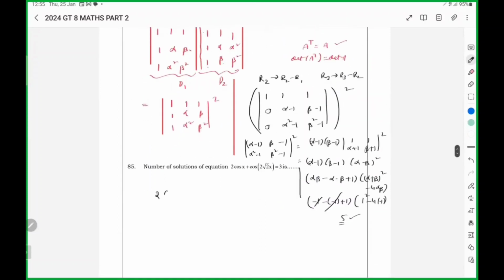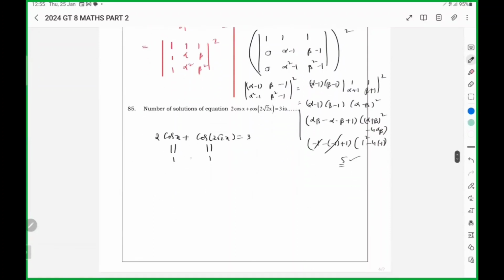This question, 2 cos x plus cos 2 root 2x is 3. It is possible only when both cos functions attain maximum values. Here cos 0 is 2n pi plus 0.